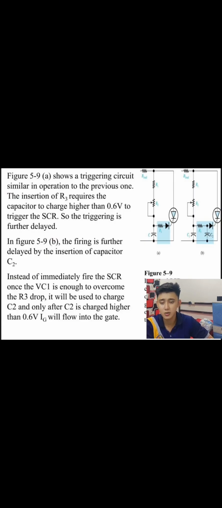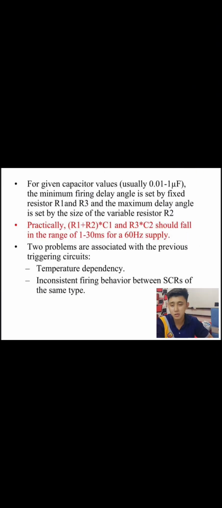Either one of these control circuits provides a greater range of adjustment of the firing delay angle than the circuit of figure 5.8. For given capacitor values, usually 0.01 to 1 microfarad, the minimum firing delay angle is set by fixed resistors R1 and R3, and the maximum delay angle is set by the size of the variable resistor 2.